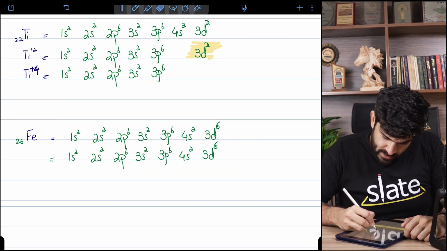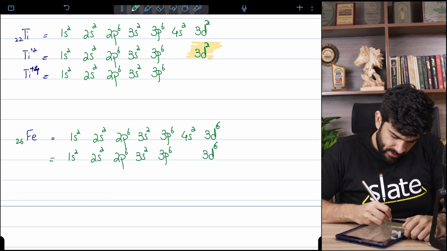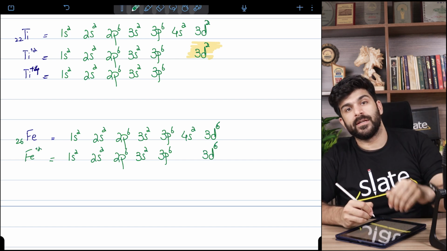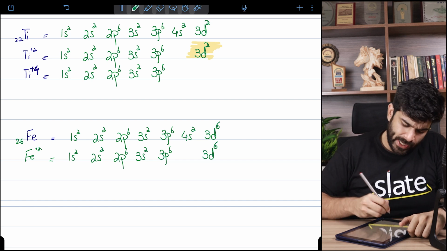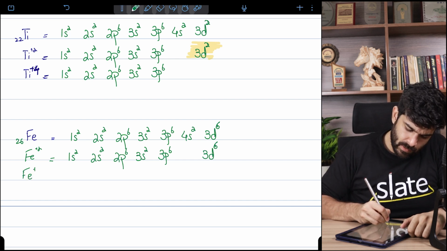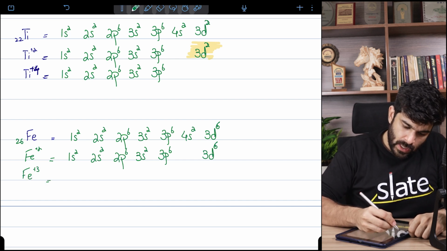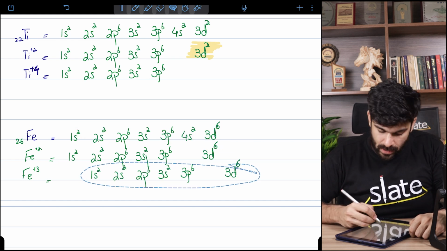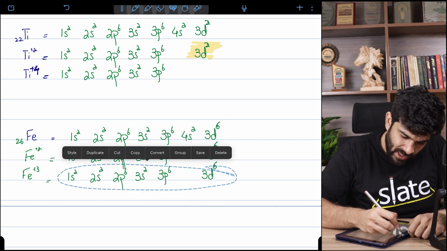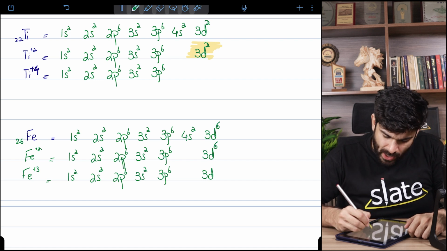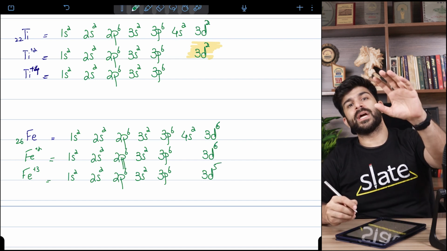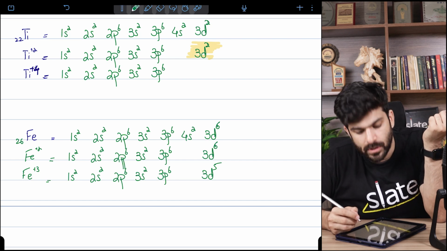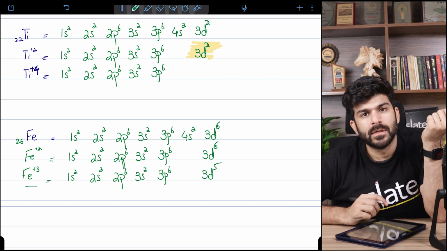We just get an iron plus 2. That is what we get here, easily. But how do we get iron plus 3? Remember, half subshell is stable. So iron will swiftly lose one more electron from d to make it a half-filled subshell, 3d5. So that is why Fe3+.